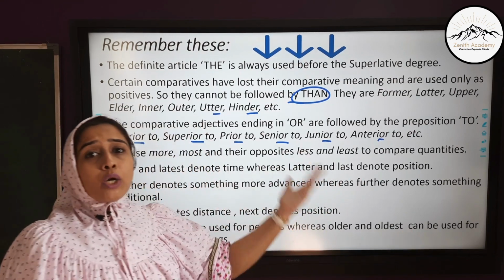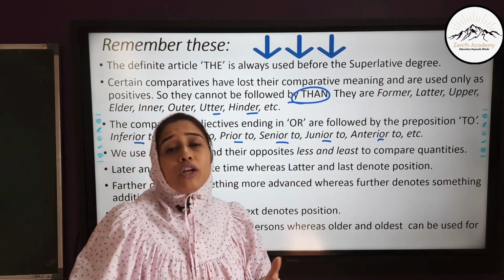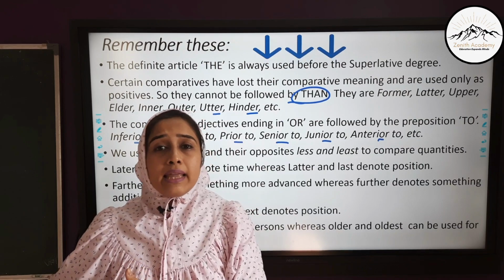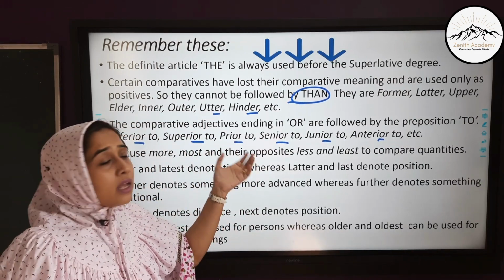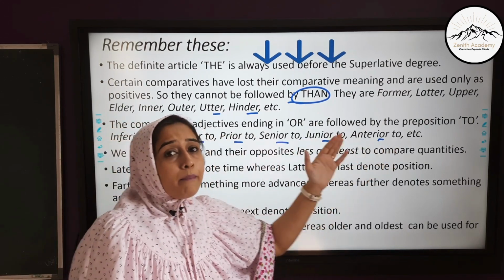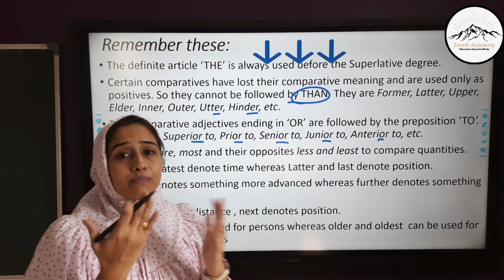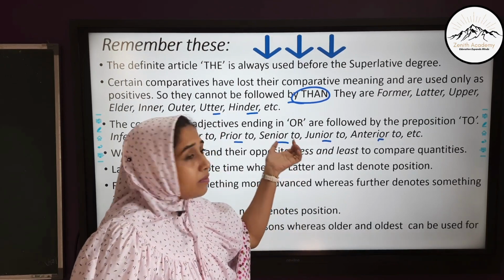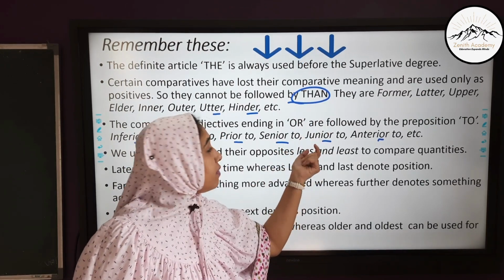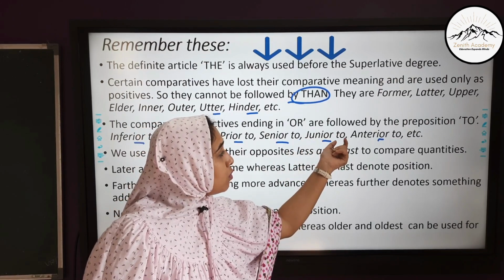Complete your work prior to doing anything else. So whenever the words are ending in or, they will be followed by to, because you are comparing the situation or set of things, but there than will not be used. The preposition used will be to.